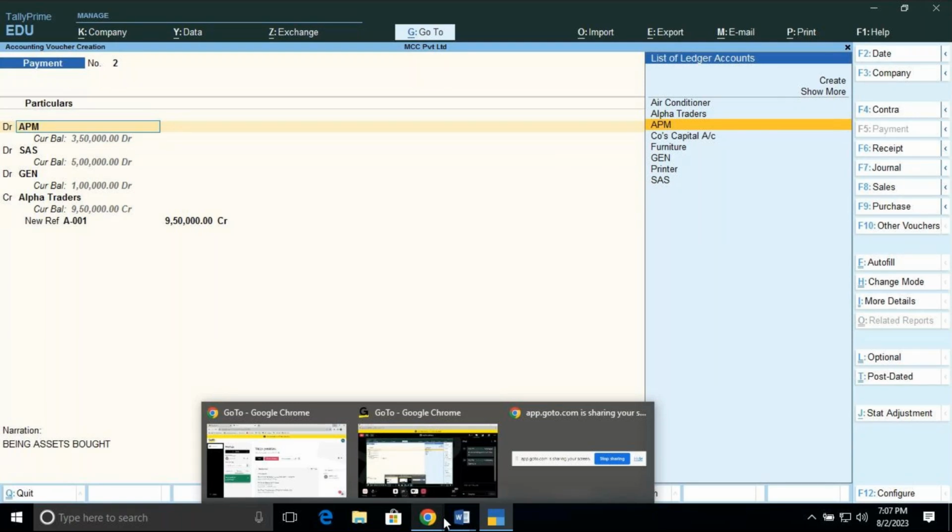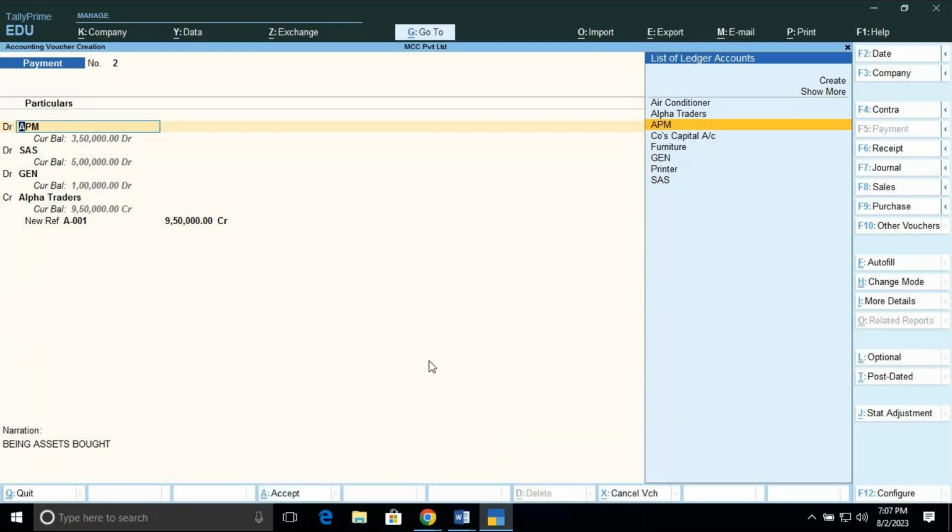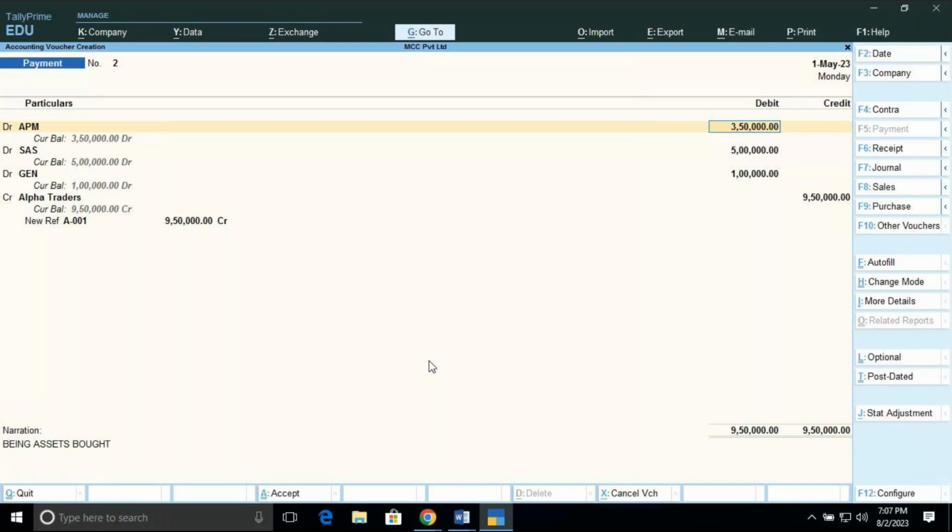See, in accountancy, there is a concept. You will be knowing, but I'll recap for you. If you see the previous transaction, air conditioner, furniture, I told you by cheque. That's why you credit the bank, Axis Bank, and you recorded the transaction in payment because money is going out of your business.